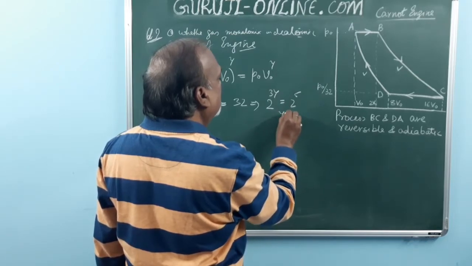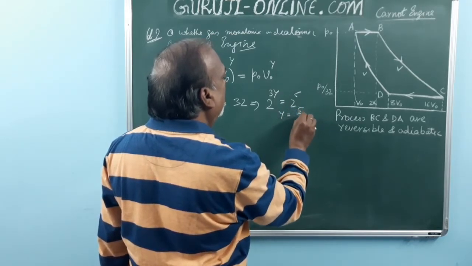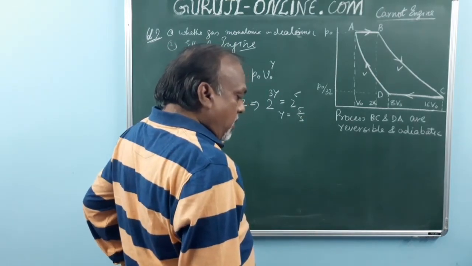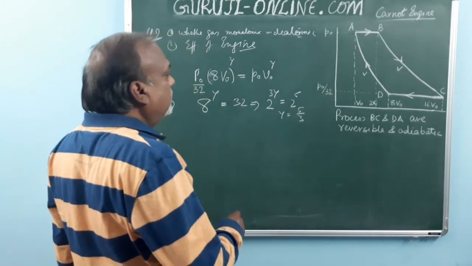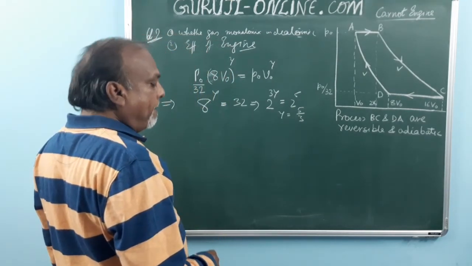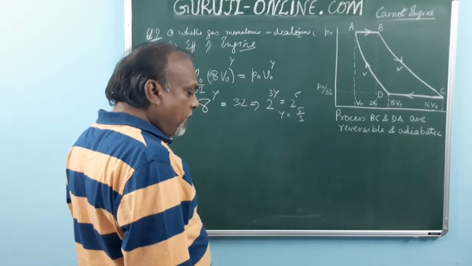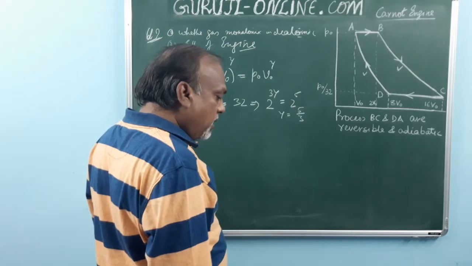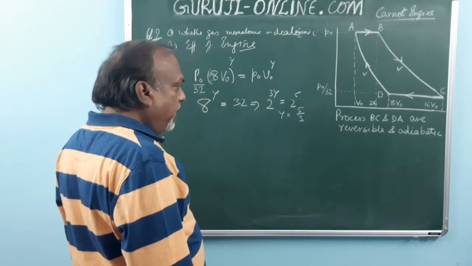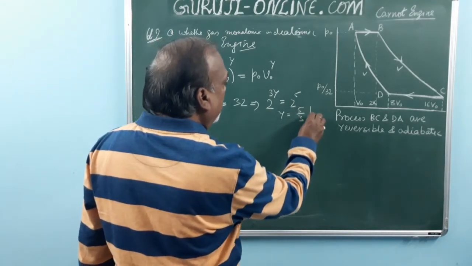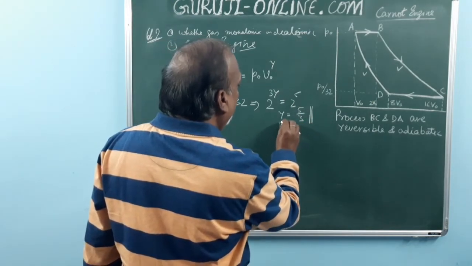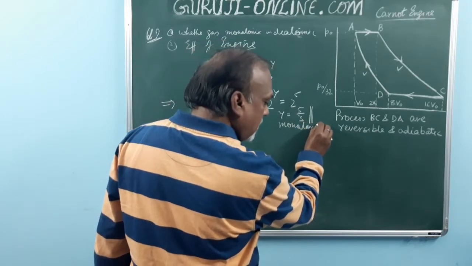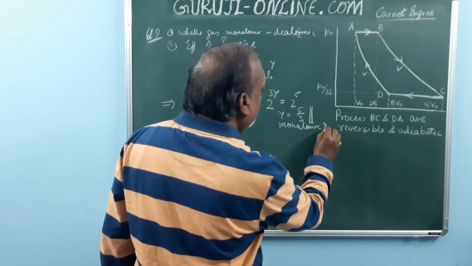Gamma is 5 by 3, and this shows this is a monatomic gas.